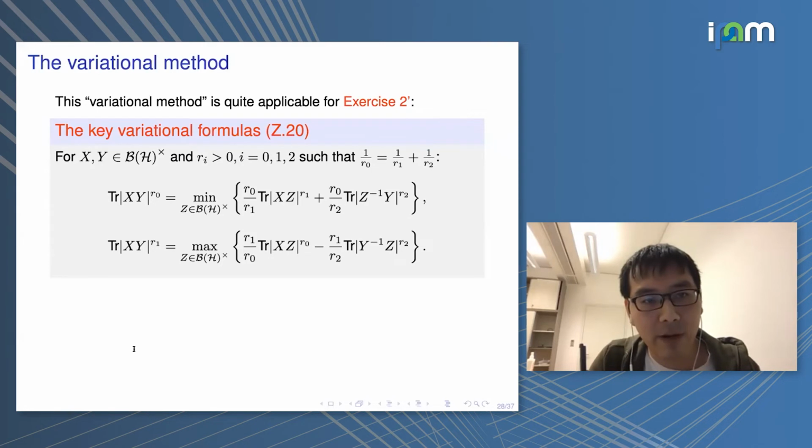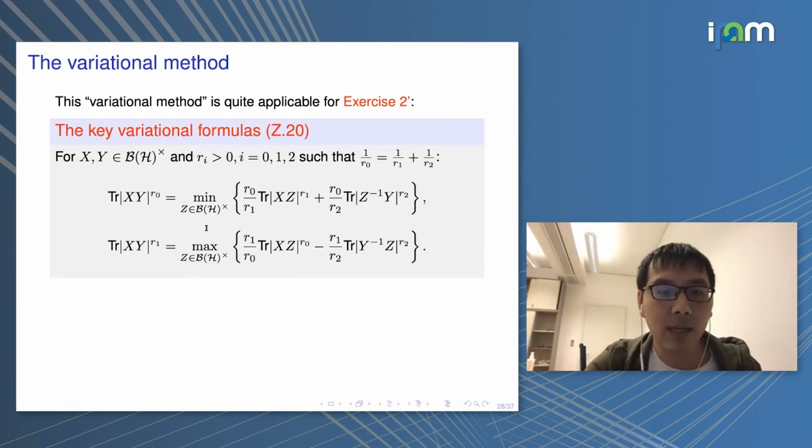So we have this variational method for the matrices, namely for X and Y. Say X and Y are invertible matrices, and Ri's are positive numbers such that you can apply Holder's inequality. Then you have this minimum formula and maximum formula. And they managed to separate the variables X and Y successfully, as you can see.